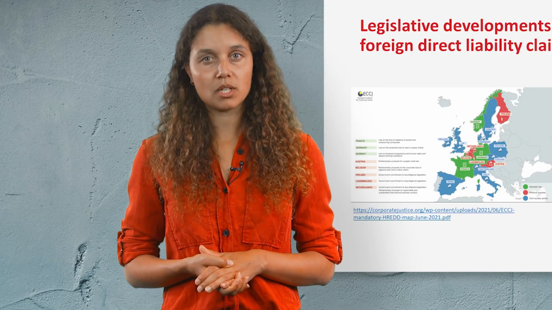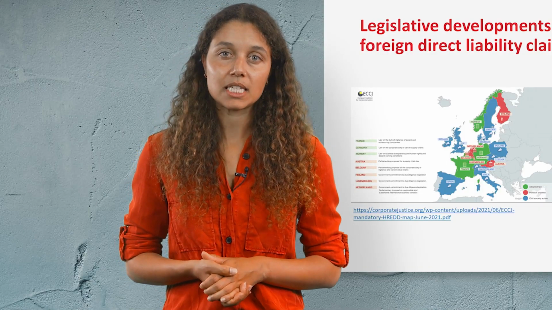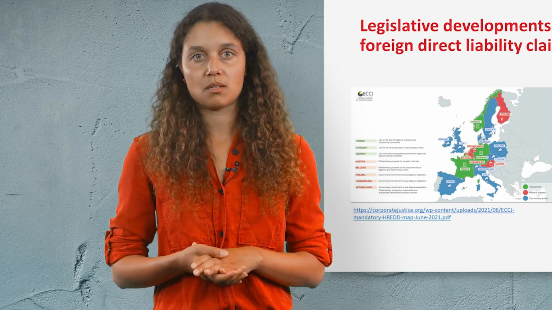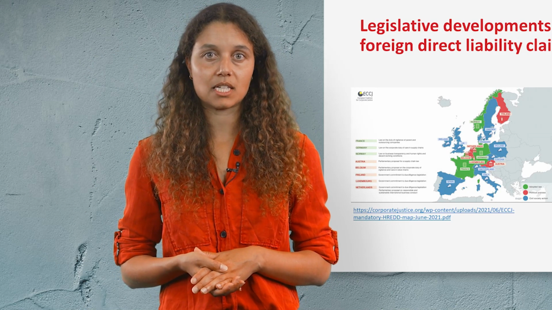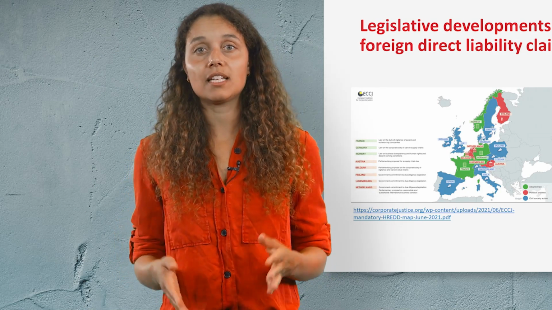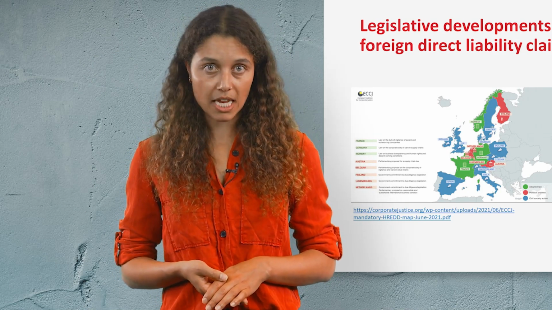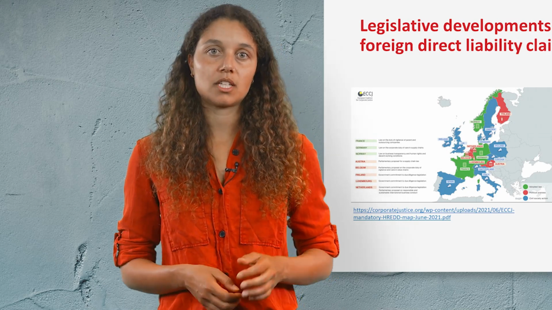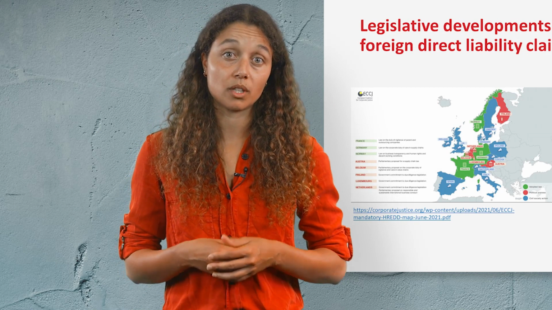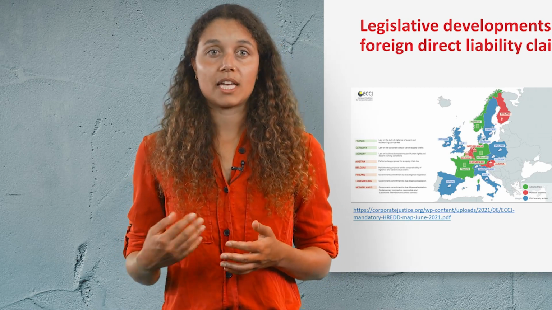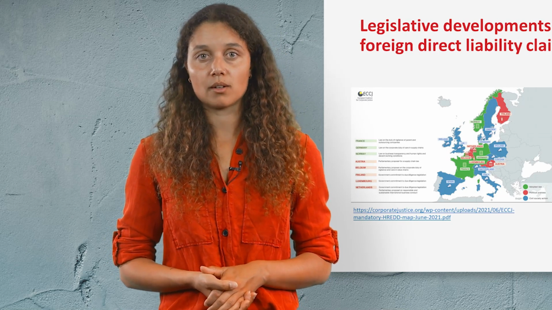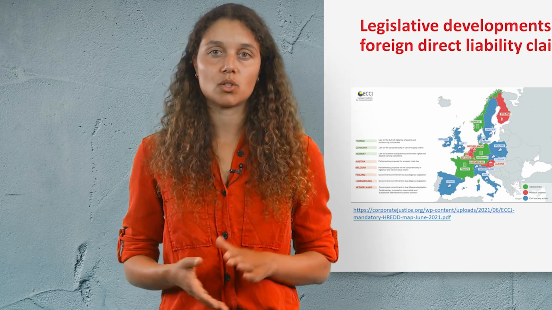So in order for the due diligence laws and the foreign direct liability claims that might be based on them to address systematic injustices, render litigation effective, while taking into account the different interests at stake, it will be very important to monitor how understanding of these due diligence norms will develop, who will get a say in their application, and how they interact with other laws in place, both international and national.